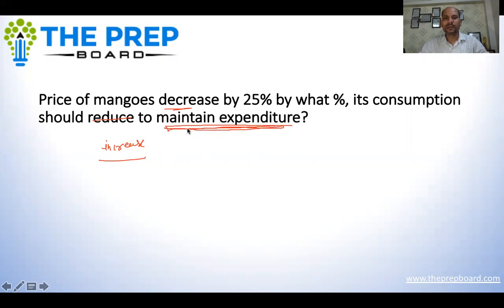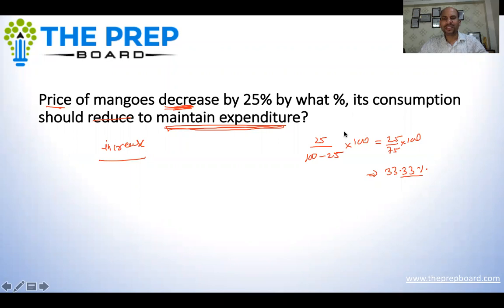So again here we use 100, 25% is the change. Here we use minus 25 because the price has been decreased. Decrease means negative. It becomes 25 over 75 multiplied by 100, or we can say it's 33.33%.